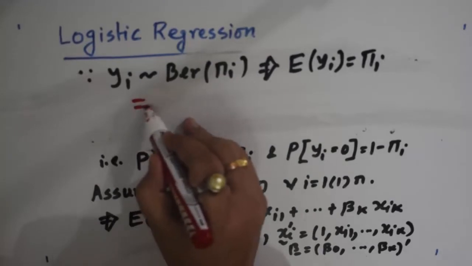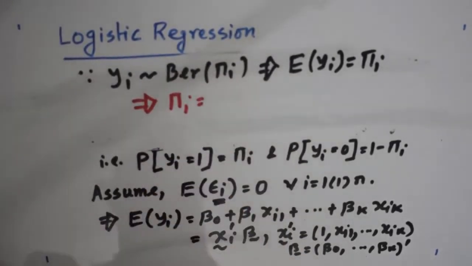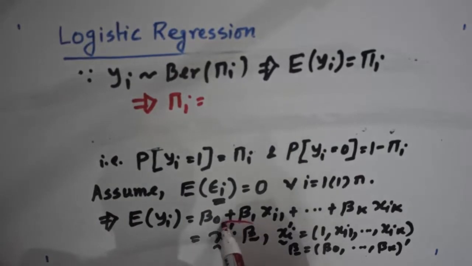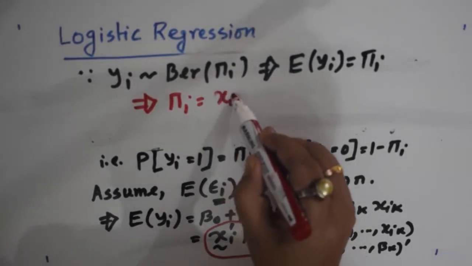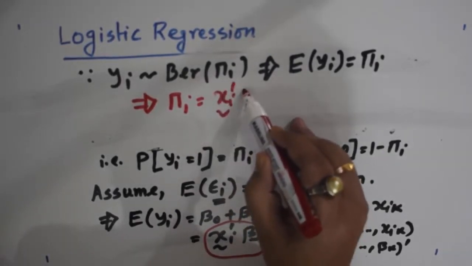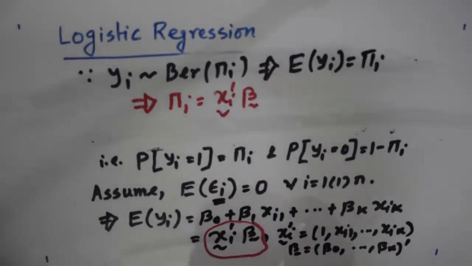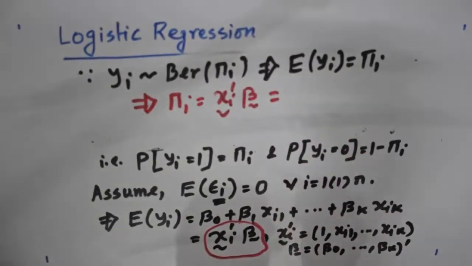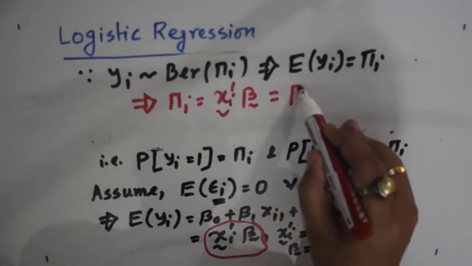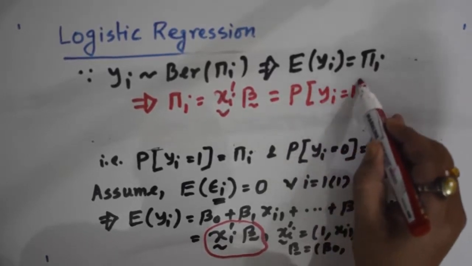This implies pi i equals xi prime beta curl. And again, pi i is nothing but the probability yi equal to 1.